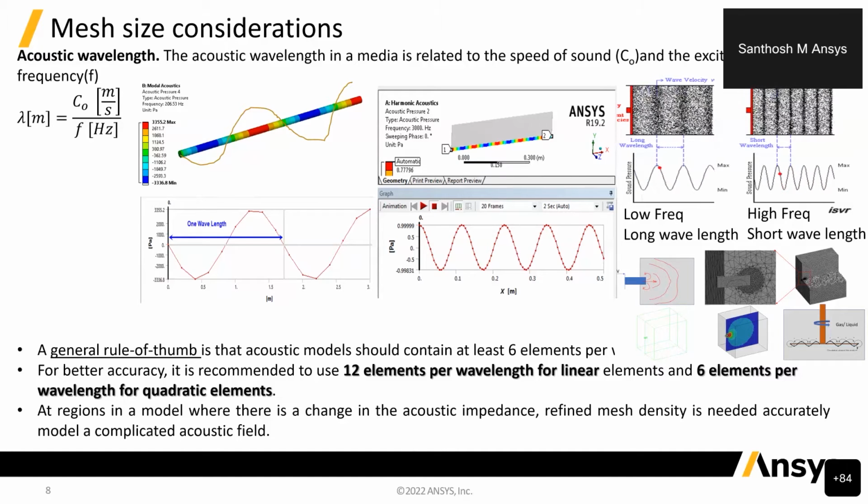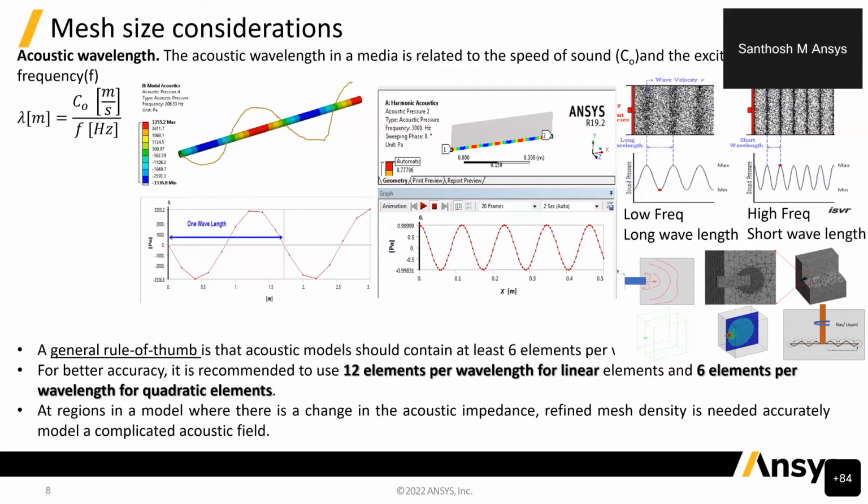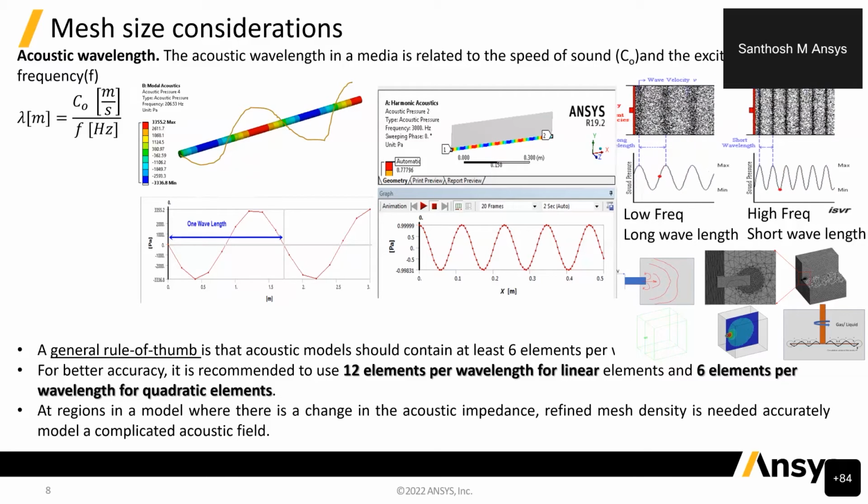In order to capture this sine form, we need many divisions or elements to capture one sine wave. If we use many element divisions within one wavelength, then we can capture the sine fluctuations more correctly than using fewer elements.